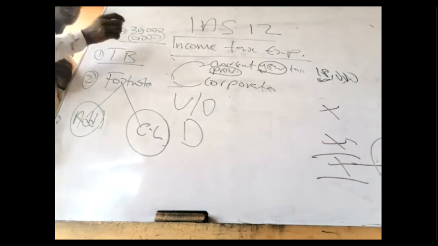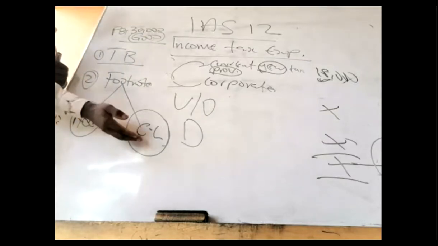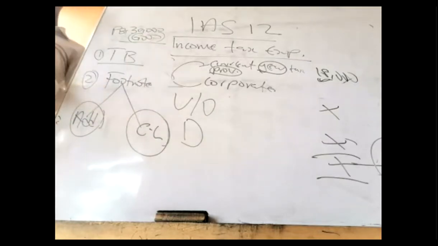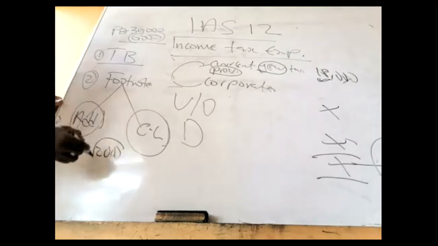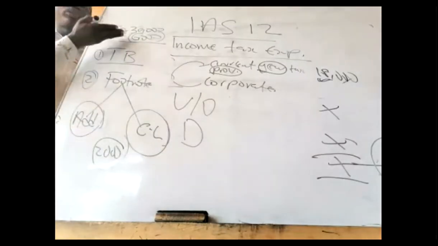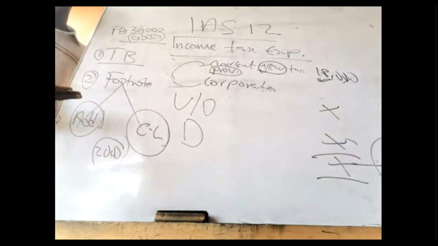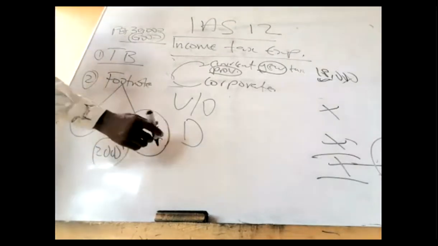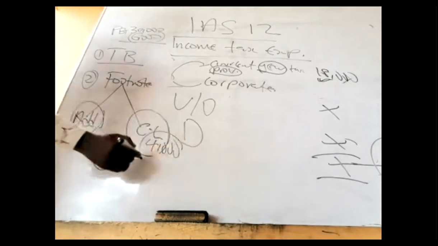So if during the year I have paid any tax to cater for this 6,000, I'll take it off before I send the final figure to the current liability. For instance, during the year, they pay a total tax of 2,000 cedis. You make a provision of 6,000, and I've already paid 2,000, so I'm owing 4,000. So now my current liability, I'll only reflect 4,000.